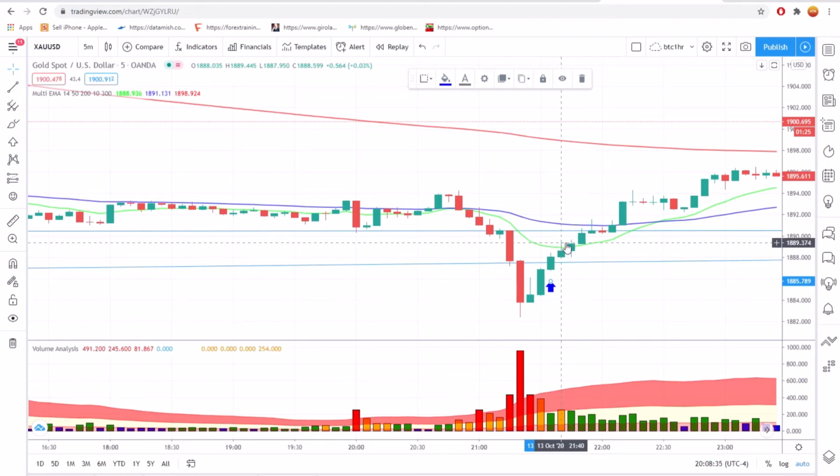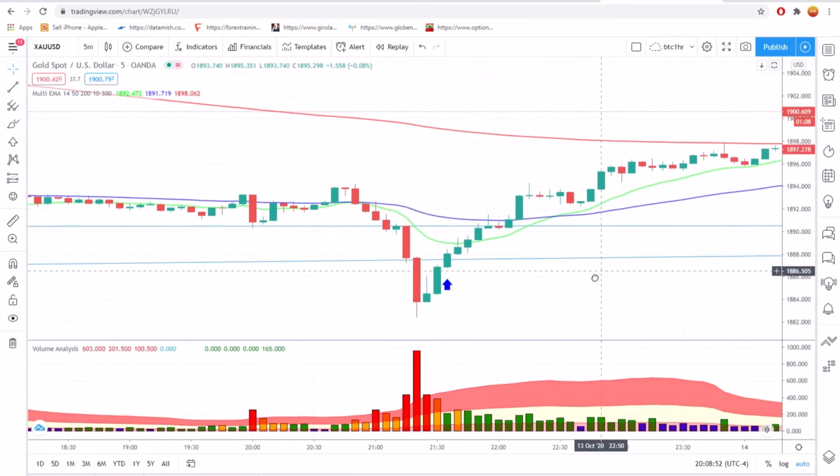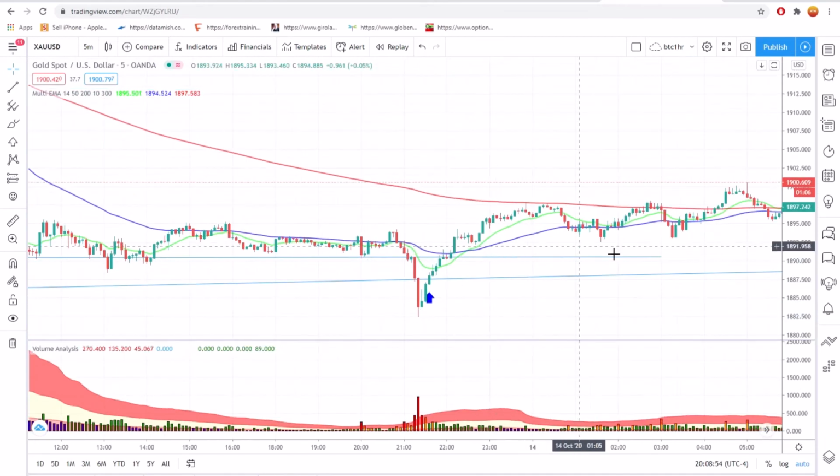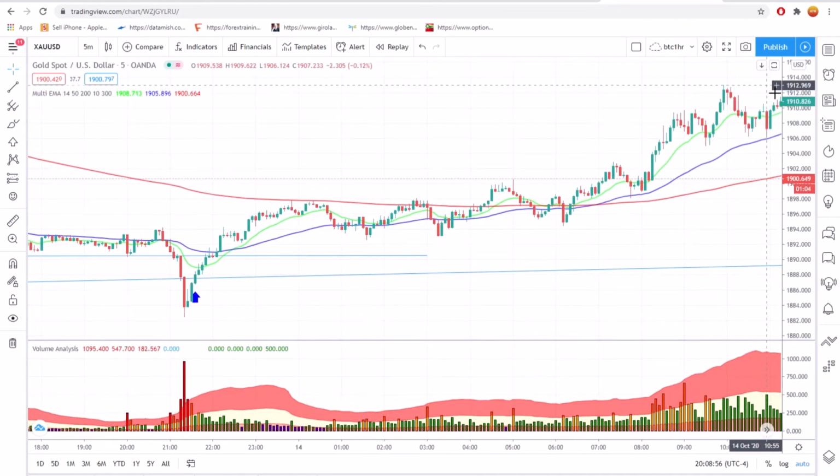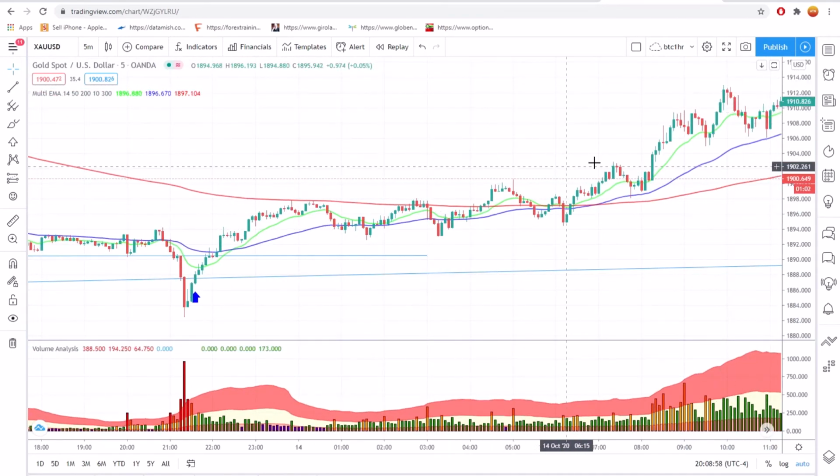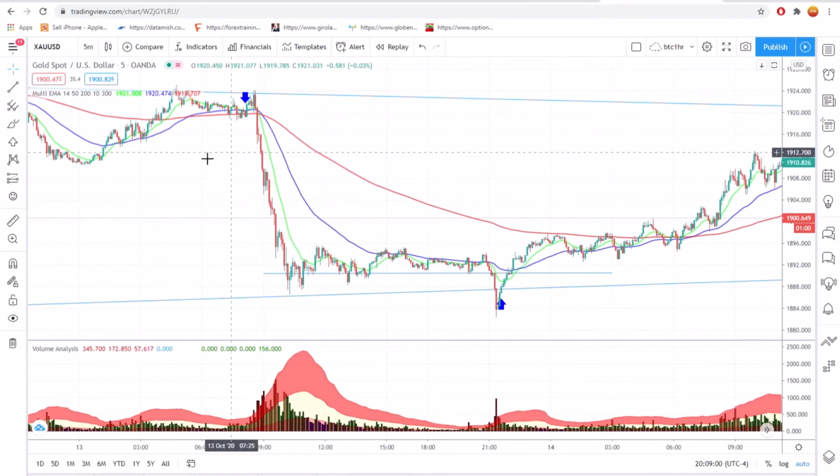It hit the 14 EMA, slowed down, price reacted, kept on pushing, and that's confirmation that this is a valid trade to get into. You could have entered this trade around right here with a stop loss right below this, and you could have continued to the upside, and you could have continued all the way to 1912 at least, back to this low from right here.